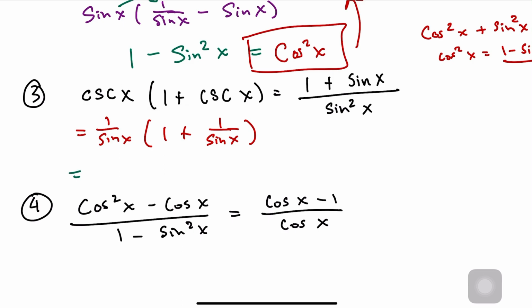So right here, if we distribute to the first term, we have 1 over sine x plus, if we distribute to the second one, just for those of you who might need that baby step, that is just 1 over sine x times 1 over sine x, giving us 1 over sine squared x.